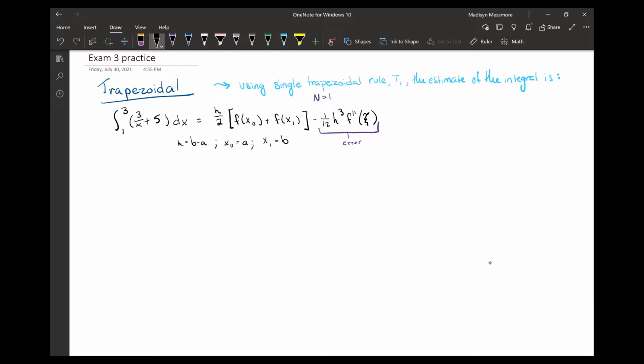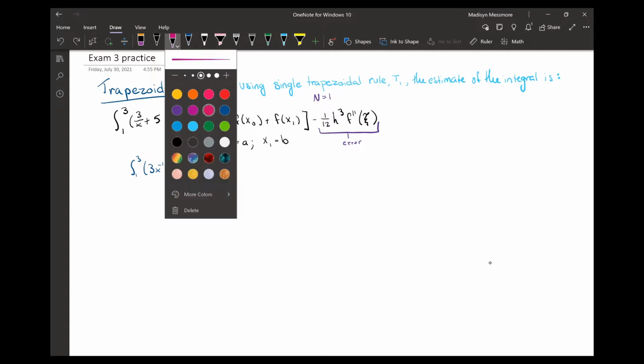So to solve, I'll go into blue so that way it's separated a little bit. Integral from 1 to 3 of 3x to the negative 1, plus 5 dx equals, so to find, I'll draw it off to the side in a pretty little box.